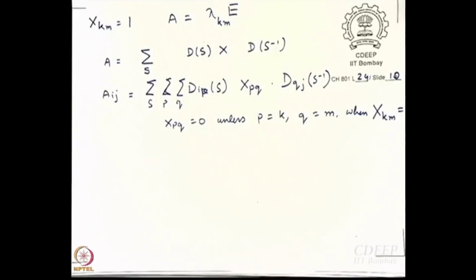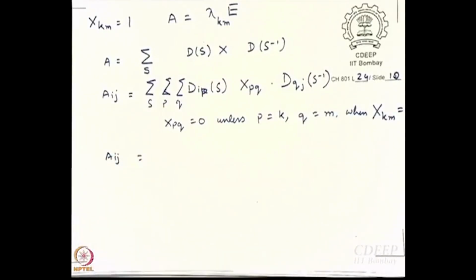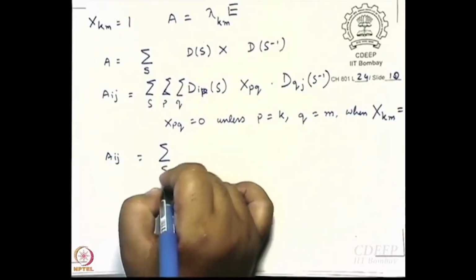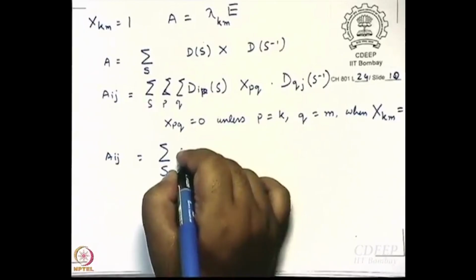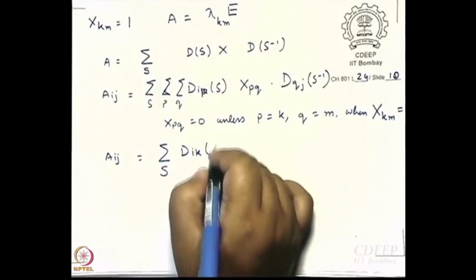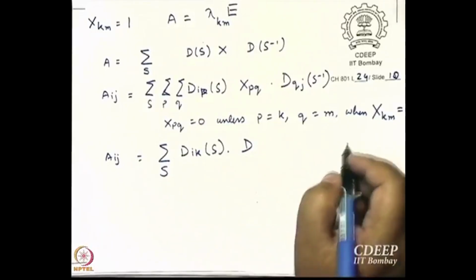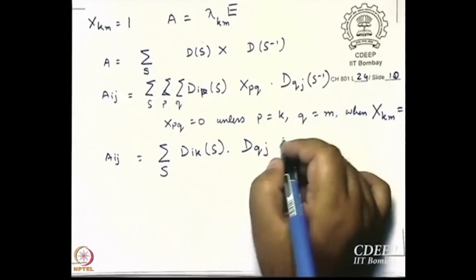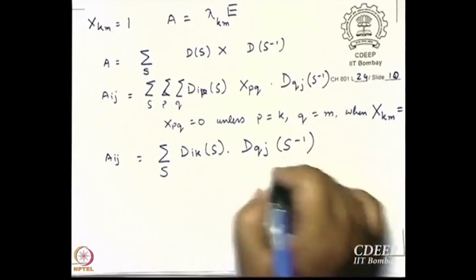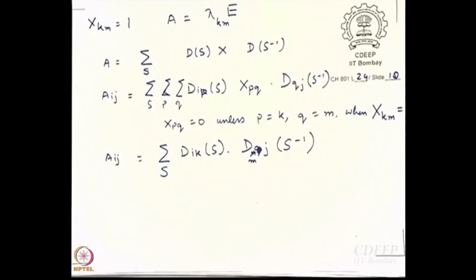What happens then? I still get to write the matrix element on the left hand side, but instead of 3 summations, I can work only with one summation, right? Sum over S is the only thing that I need to bother about. What I do is I write, p has to be equal to k, so I write d ik S multiplied by d mj S inverse.